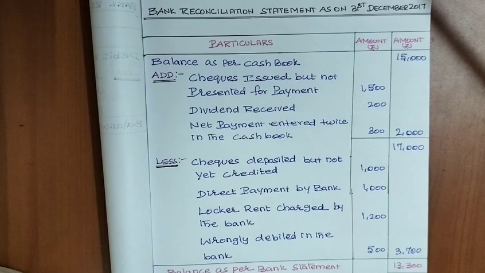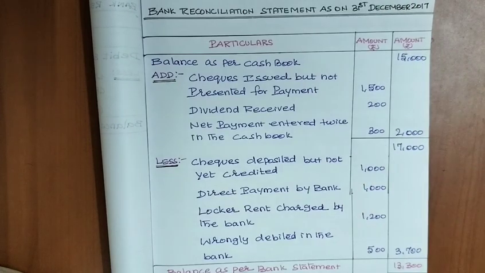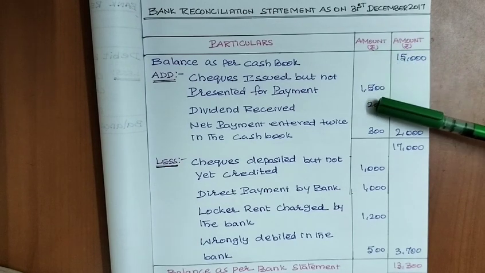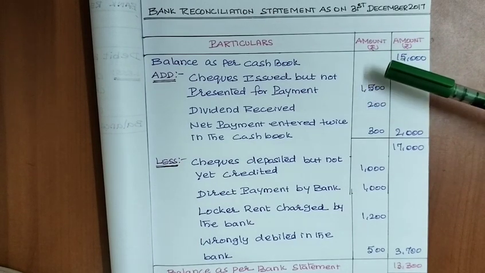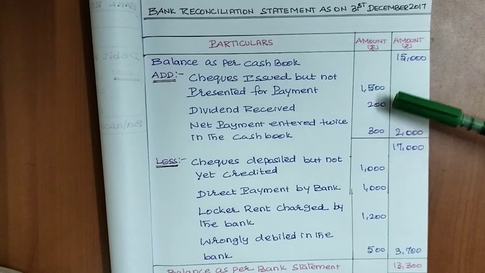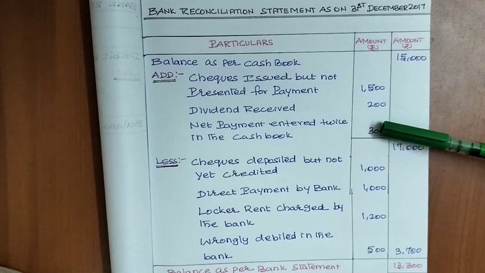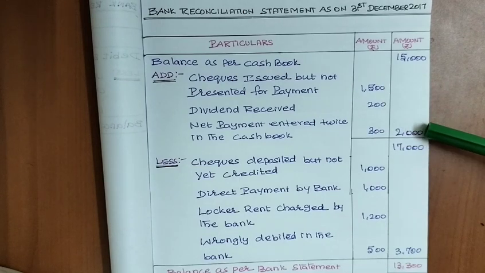Now we are going to find out the balance as per the bank statement. So for that we have to find out the total of the add column, that is 1500 plus 200 plus 300, we will get 2000, to be entered in the outer amount column.